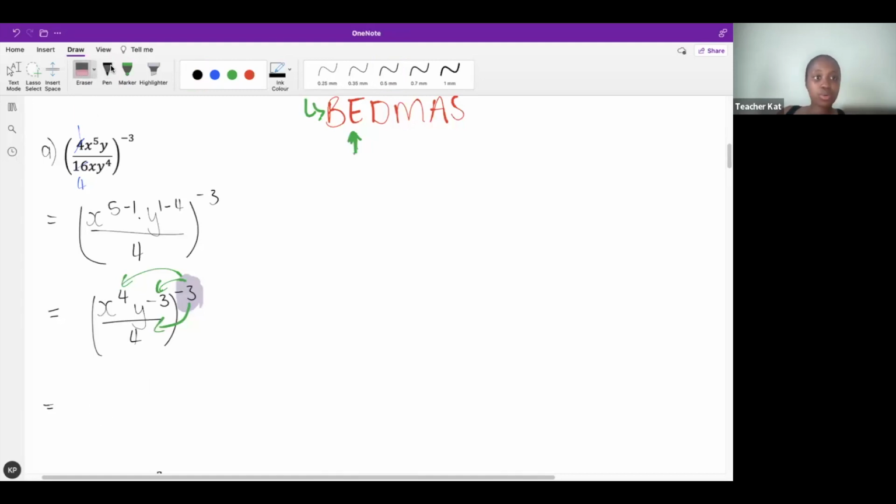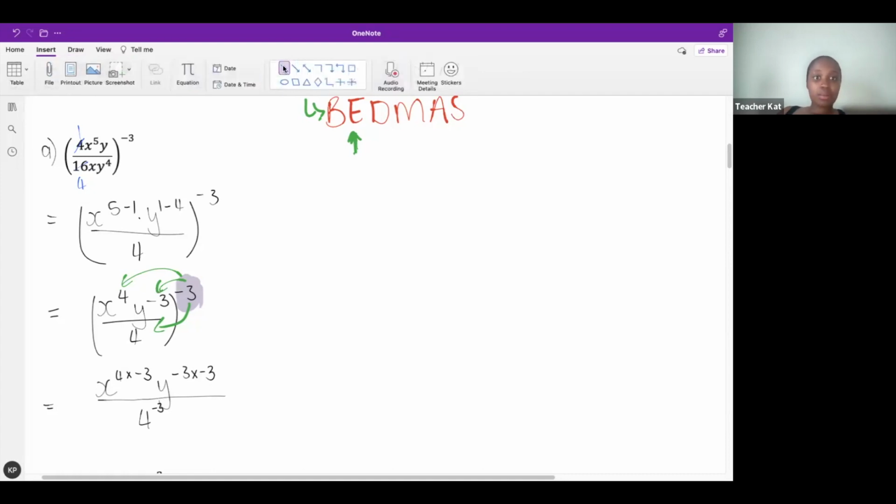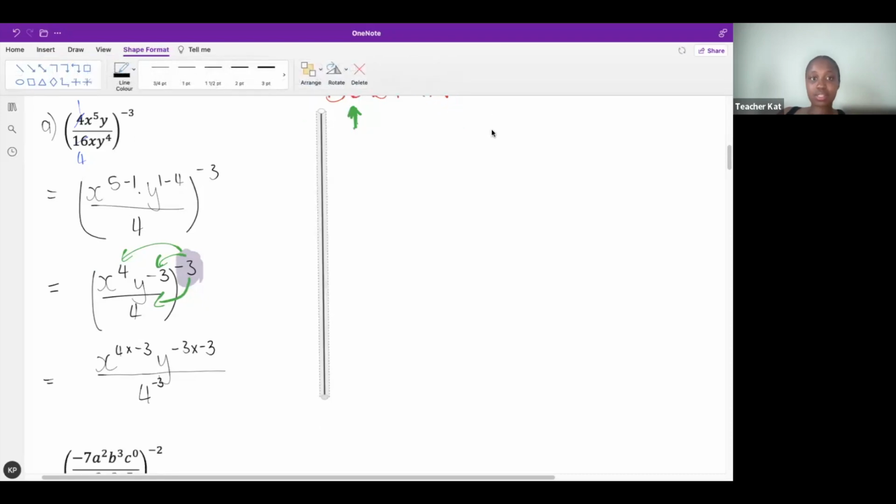When we distribute, what do we do again with our exponents? We multiply them. Thank you. So it's going to be x to the power of 4 times -3, y to the power of -3 times -3. And at the bottom, I'm going to have a 4 to the power of -3 because there was just the 1 there. Now I'm going to insert a little page divider here so we have space on the side.